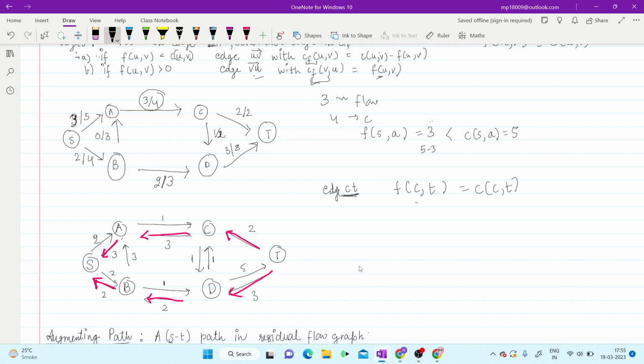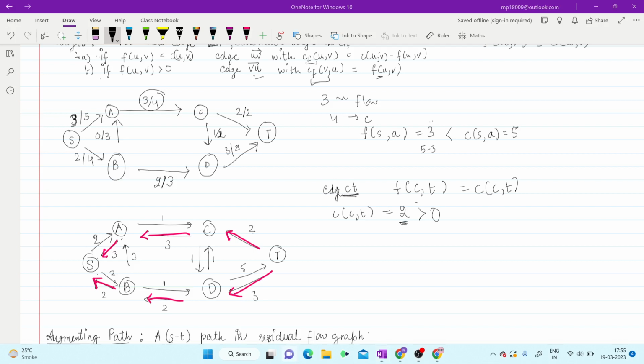But the flow of CT is 2, which is strictly greater than 0. The second condition is satisfied. So we will have an edge in the opposite direction, TC, with the new capacity 2 because the flow value was 2.